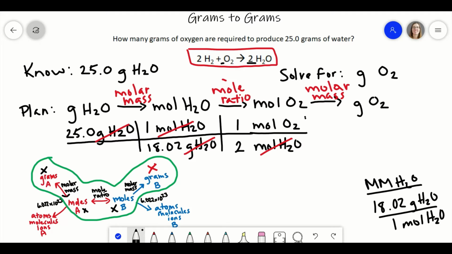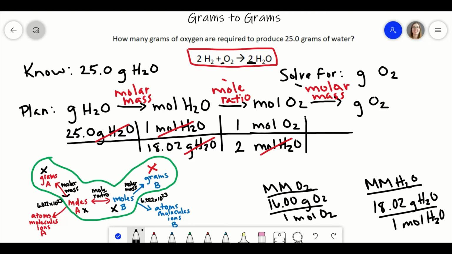I just have one more step to get my final answer, and to go from moles of O2 to grams of O2, I'm going to use molar mass. The molar mass of O2 is equal to 16.00 grams of O2 per 1 mole of O2. Since I want to solve for units of grams of O2 and I want to get rid of the unit mole of O2, I'm going to plug it into my equation just as I wrote it.